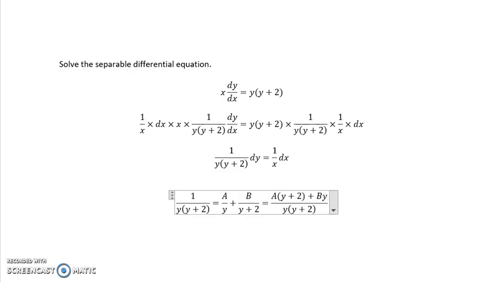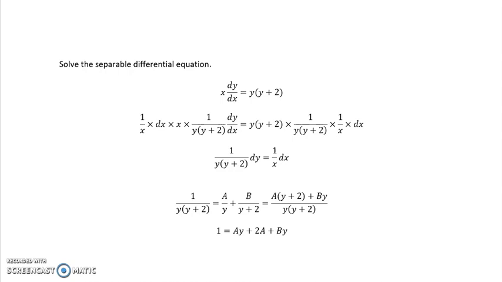So this is our cross multiplying step. And as a consequence of that, since the two denominators are equal now, we set the two numerators equal to each other. So 1 is equal to ay plus 2a plus by. So I've just distributed through my denominator.